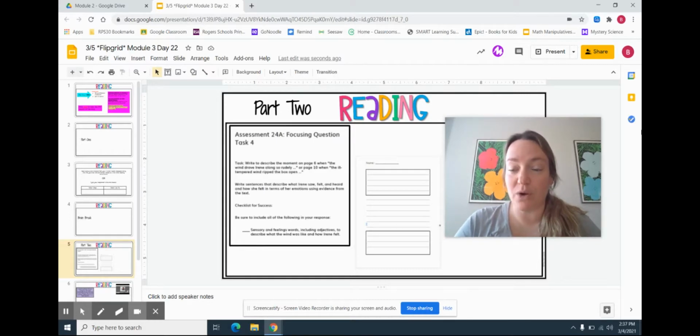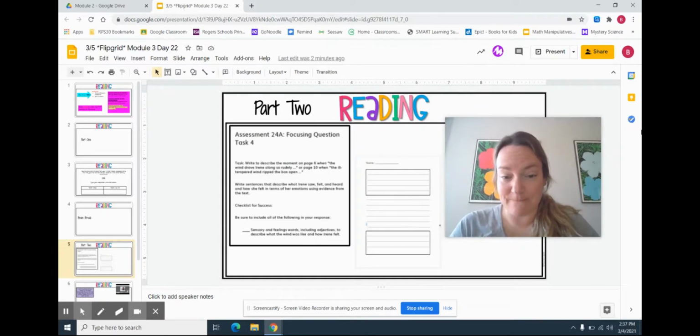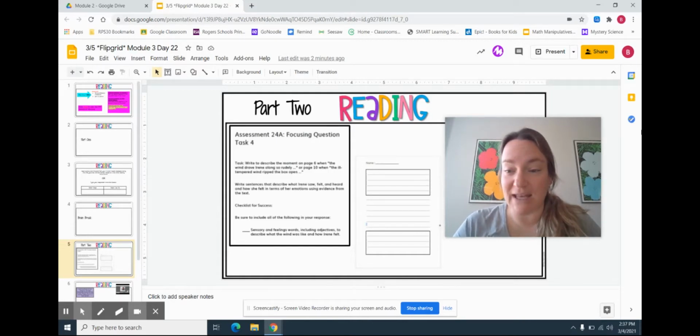And then you were to record a Flipgrid telling your teacher, describing the scene that you chose using those sensory words and telling how Irene was feeling. So now you are going to be turning in today a picture of your writing that you did using those sensory words to describe that scene.